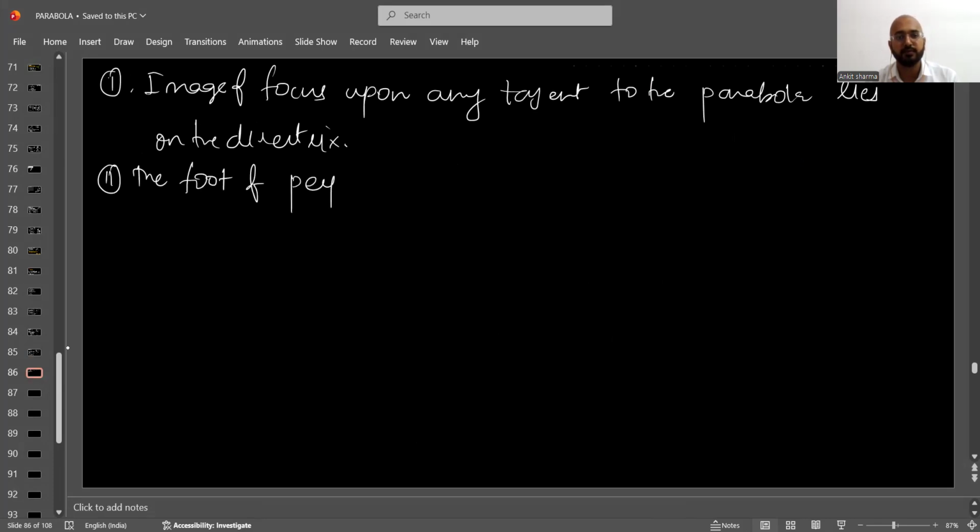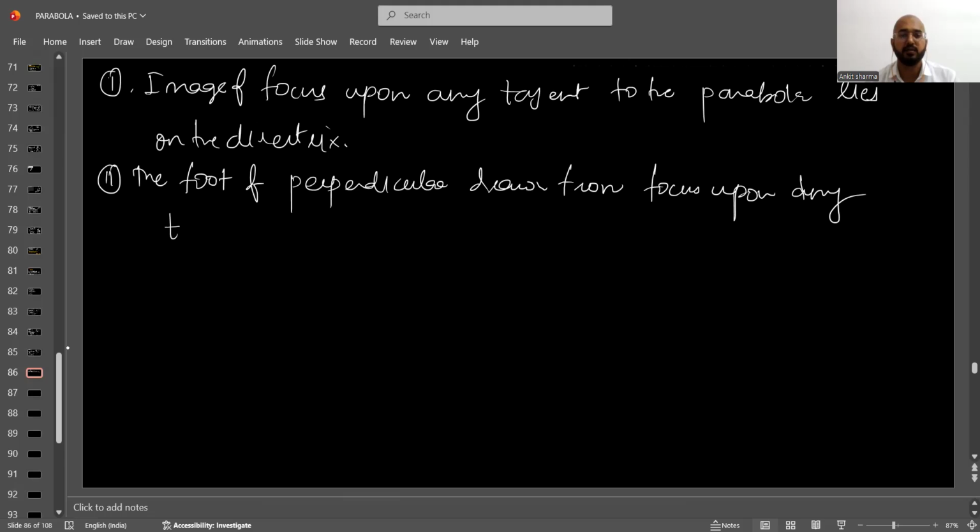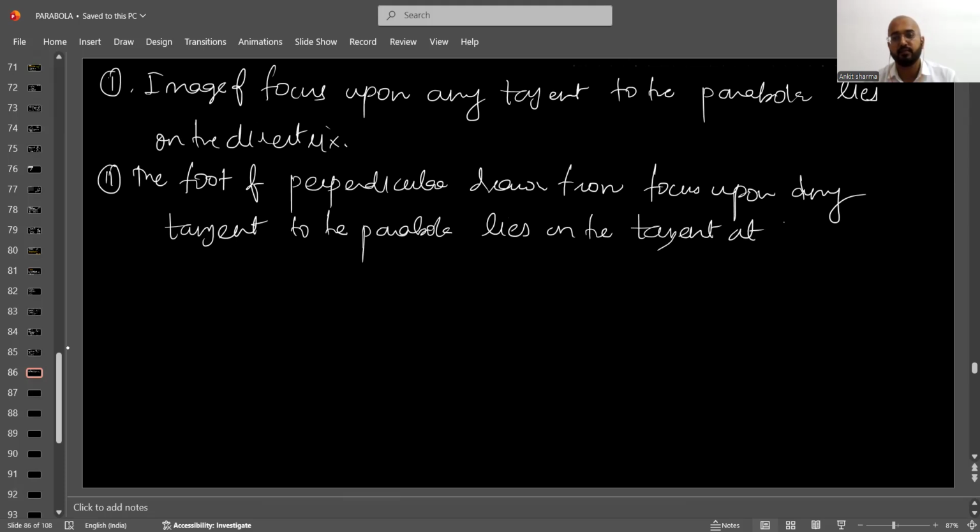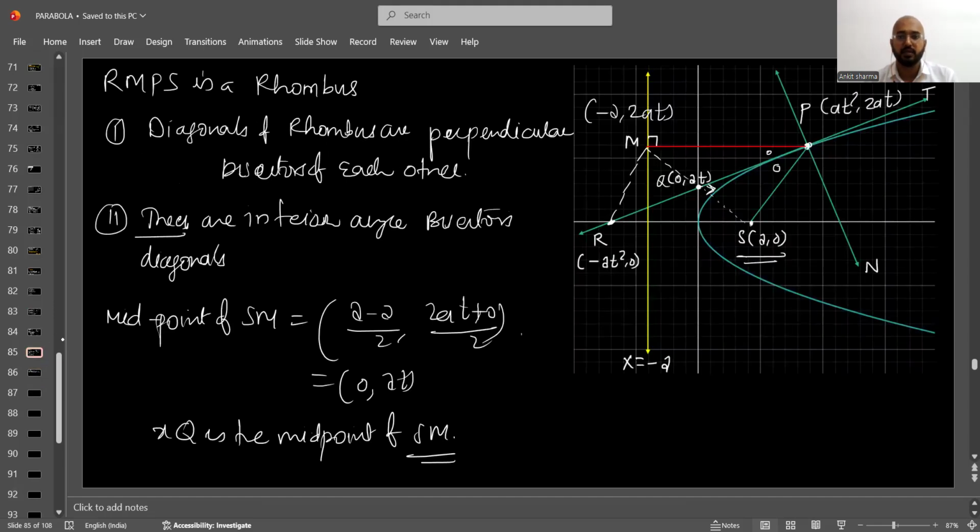The foot of perpendicular drawn from the focus upon any tangent to the parabola lies on the tangent at the vertex.